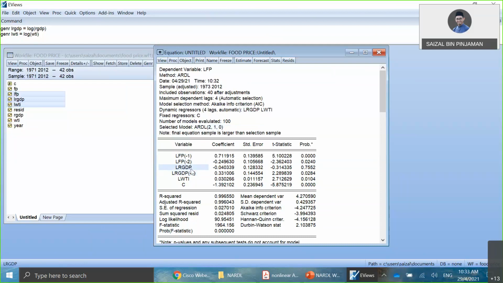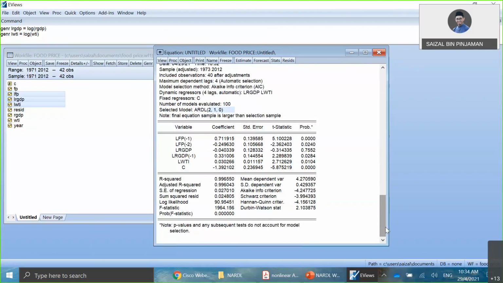So here you can see GDP at the present value and GDP in lag 1. And you can also see that we have 0 lag for the third independent variable, which in this case is the fuel price. So fuel price has no lag value. That is why here it states that the lag value for fuel price is 0.